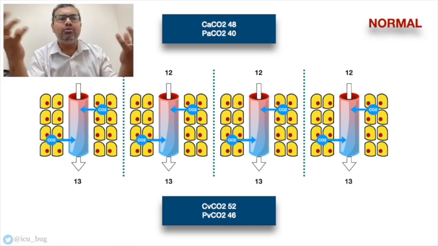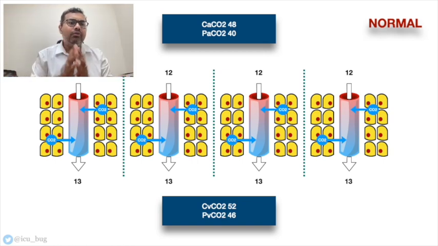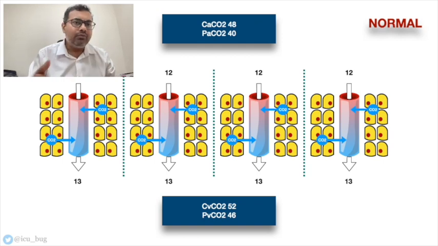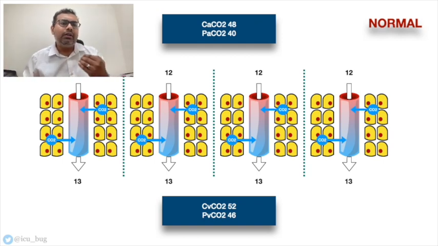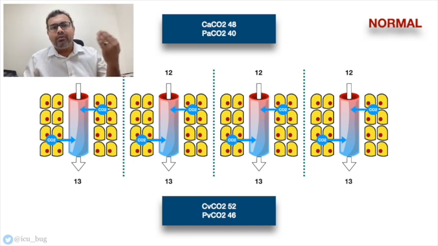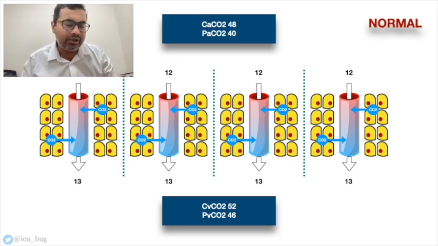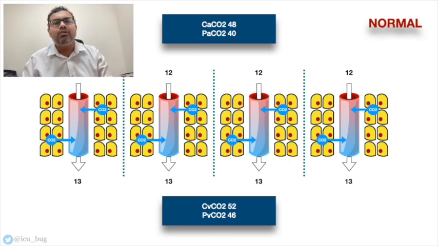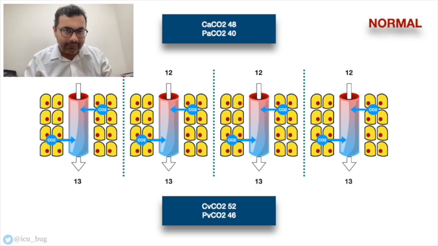So the tissues do not end up with lots of carbon dioxide build-up, as it is washed away very efficiently. Therefore, the tissue carbon dioxide partial pressure, which is roughly equal to the venous partial pressure of carbon dioxide, is not very high.